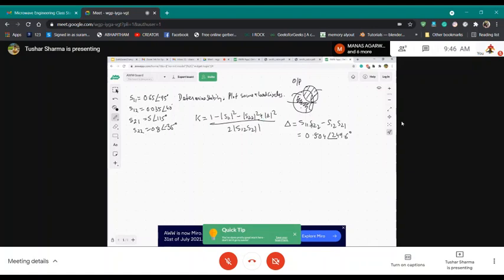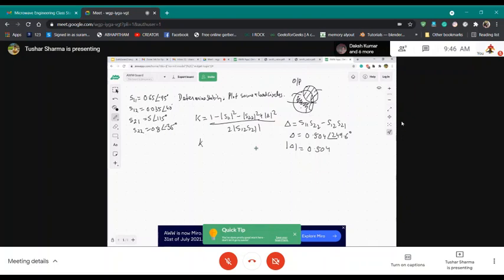Then you have two options. Either you use the calculator, convert to rectangular, subtract the impedances and then convert rectangular to polar. So now you know delta, and the magnitude of delta is 0.504.